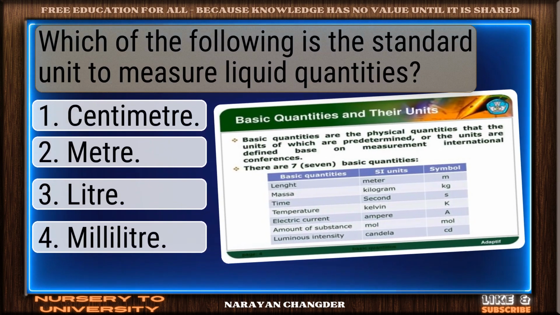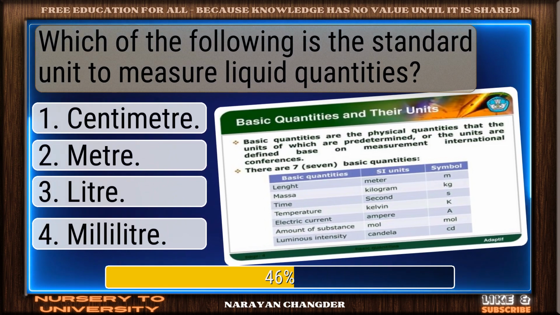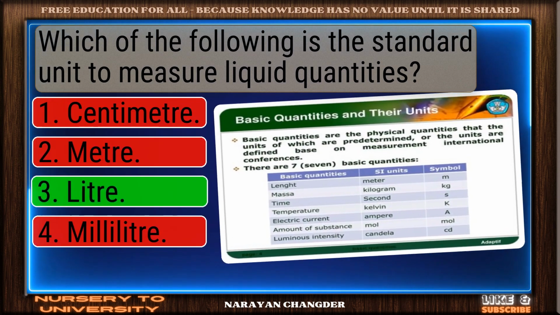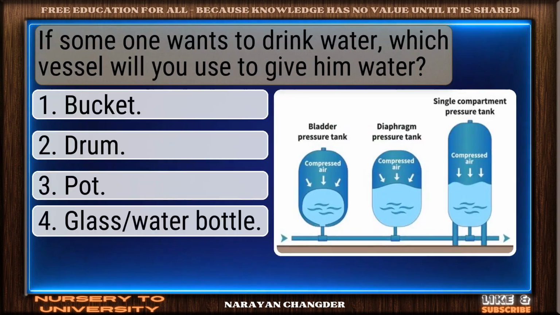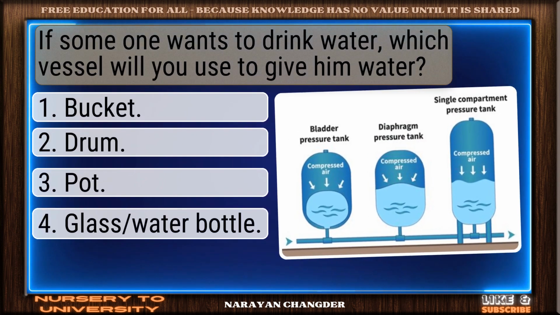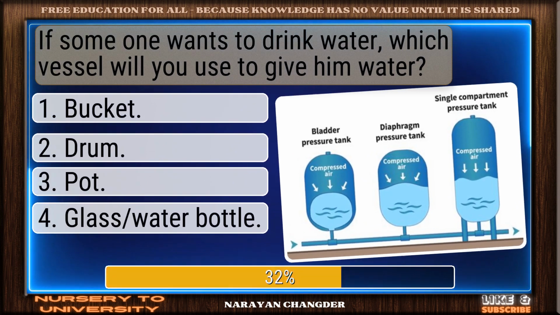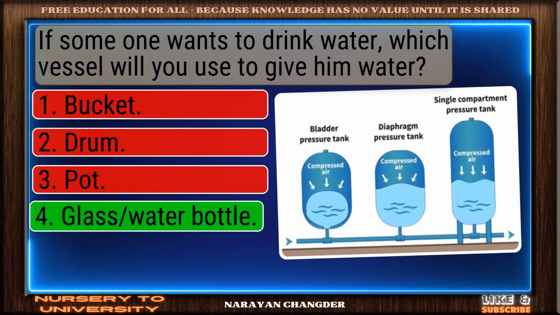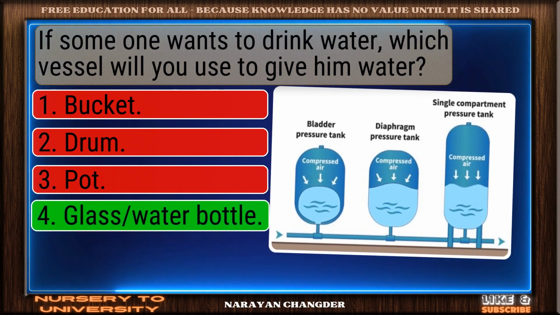Which of the following is the standard unit to measure liquid quantities? Excellent. Liter is a brilliant choice. If someone wants to drink water, which vessel will you use to give him water? Well done. Glass is the right choice.